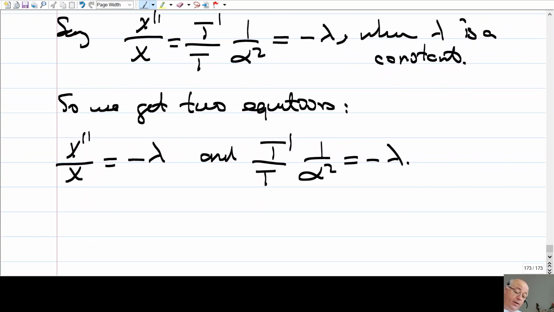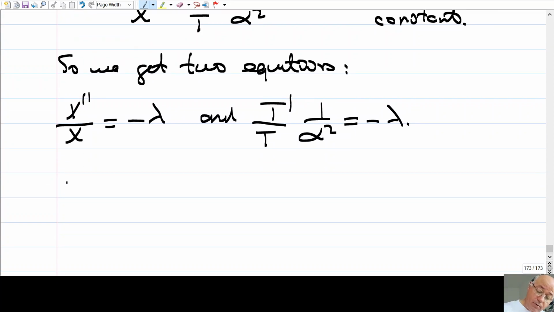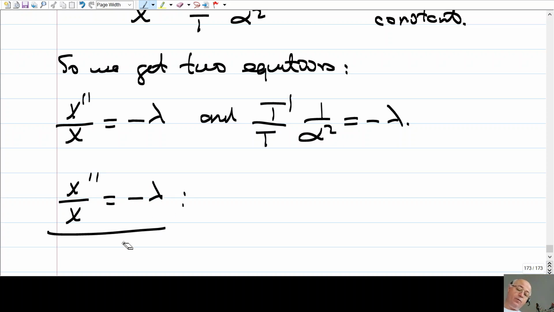Let's start with the first one. So x double prime over x equals minus lambda. Let's see, how can we solve this? Well, this gives us what?